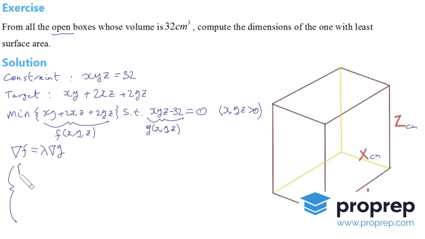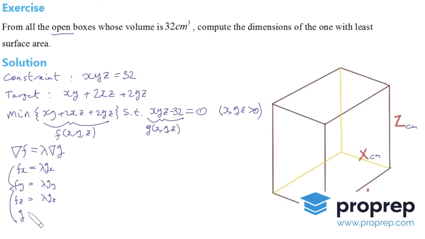From here, we'll get that f with respect to x is lambda times g with respect to x. And similarly for y, and similarly for z, lambda g of z. And the fourth equation is the constraint.